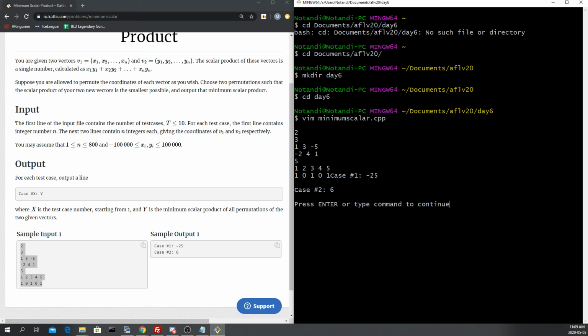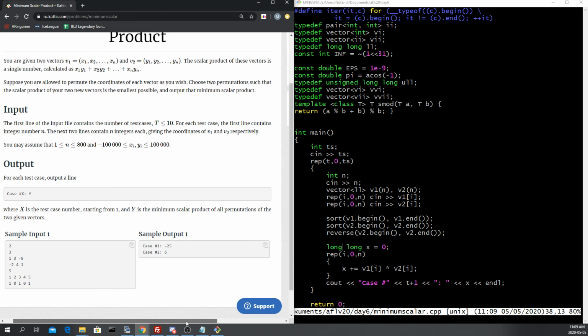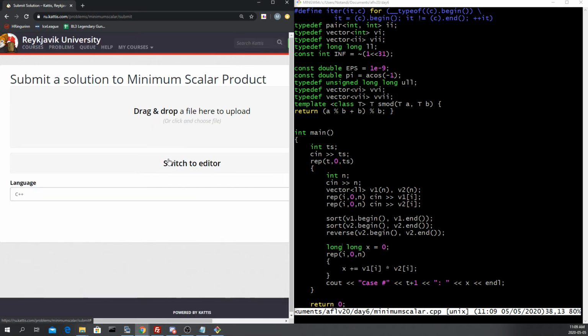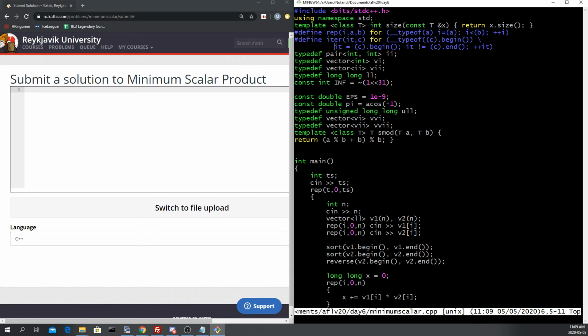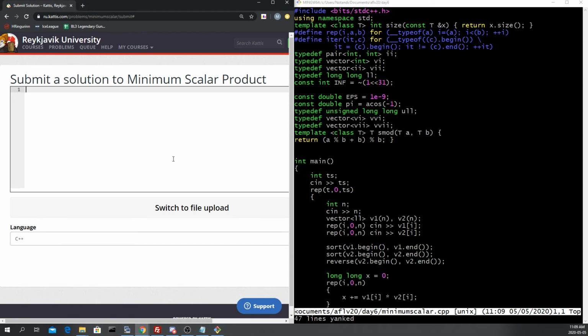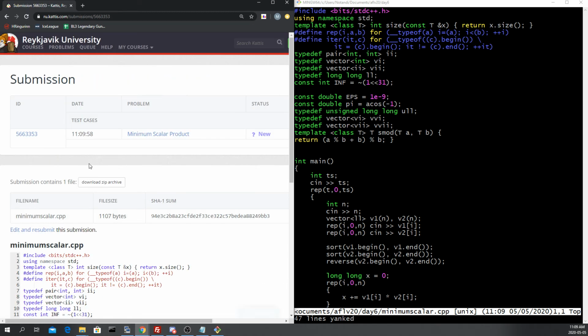We get the correct value on the sample, and we've convinced ourselves that the greedy approach is correct. So let's submit. And it is accepted.